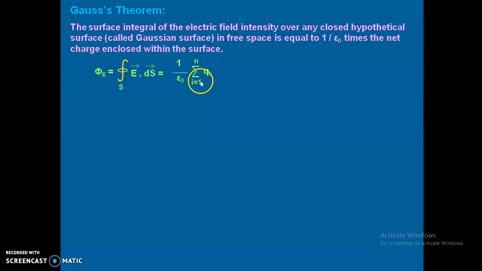Suppose there is a charge distribution, so the net charge will be sigma qi, where i goes from 1 to n. This particular term is also called phi e, that is electric flux, and we have already discussed electric flux in the last video lectures, right?